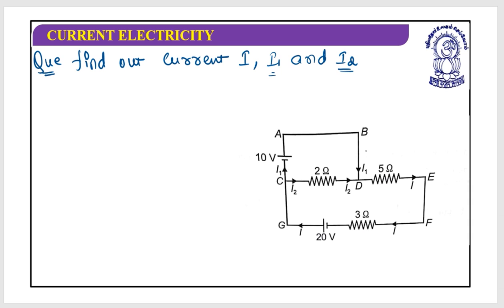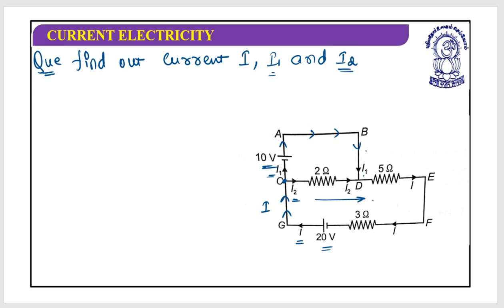So basically, if you observe the situation, this is the battery of 10 volt and current must be leaving from this in this direction, and I have symbolized it as I1. Here it is a battery of 20 volt and total current I is leaving from this. The total current coming at point C has been divided into two segments, I1 and I2.